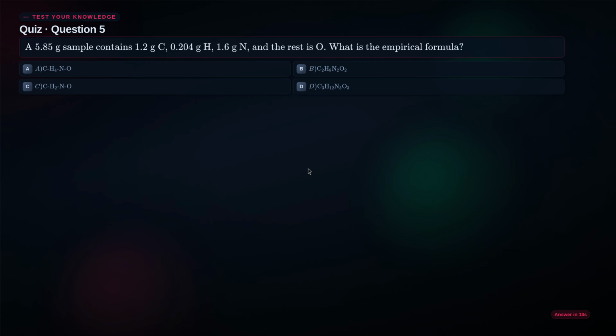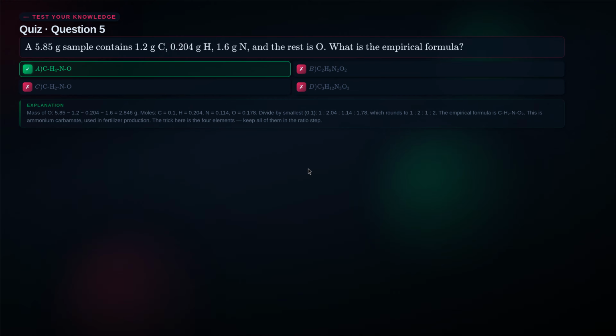Option B, C2H8N2O2. Option C, CH2NO. Option D, C3H12N3O3. This is a 4-element problem, so use the 5-step algorithm carefully. Find the oxygen mass first, then convert every mass to moles, divide by the smallest, and find the simplest whole number ratio.